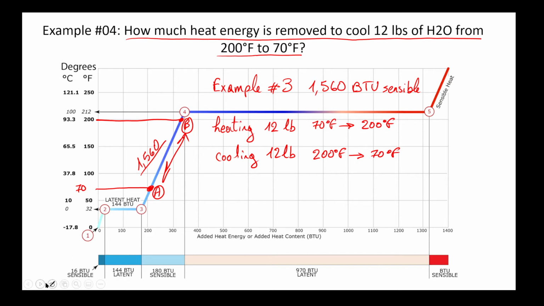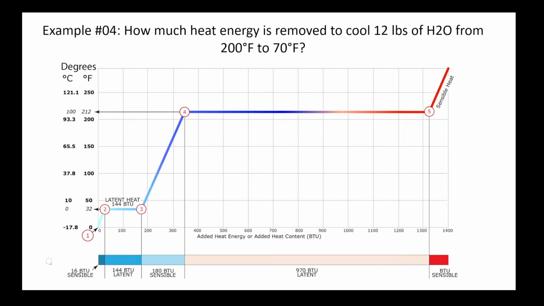Alternatively, you can simply calculate. Our delta T here is 200 degrees Fahrenheit minus 70 degrees Fahrenheit, which is 130 degrees Fahrenheit. And we know in this range H2O is water, and to cause this much temperature change in water we need the same amount of BTUs.